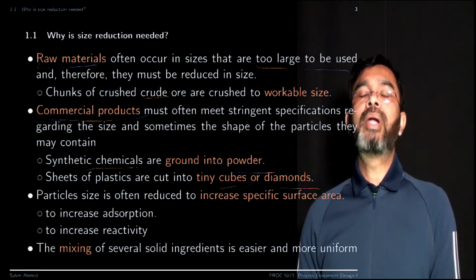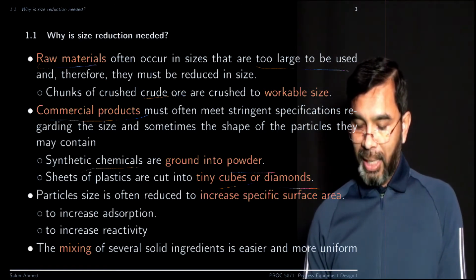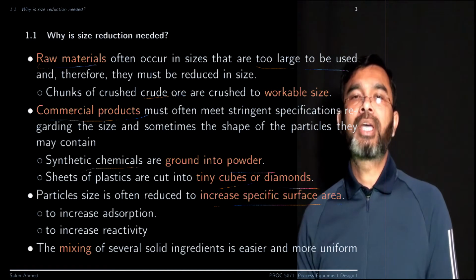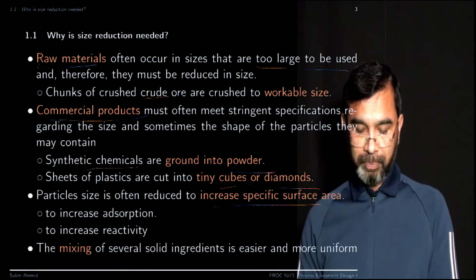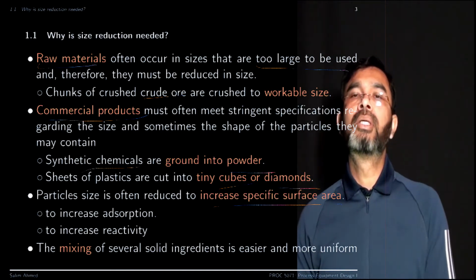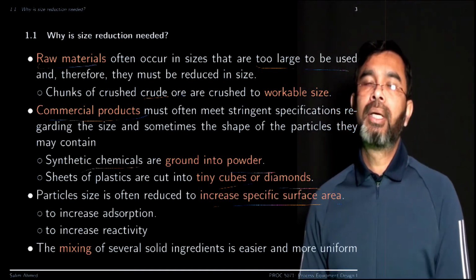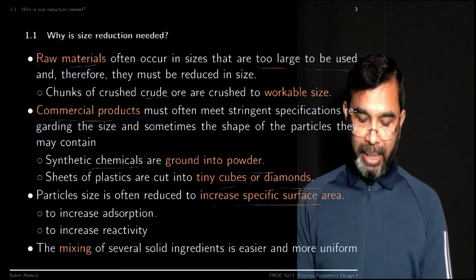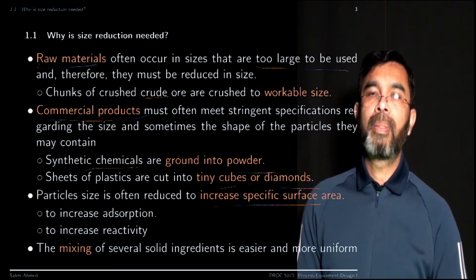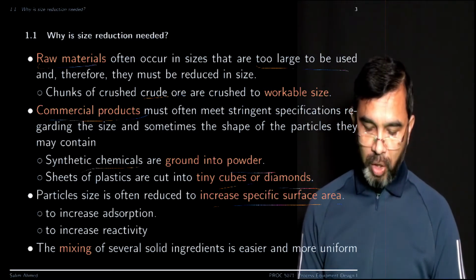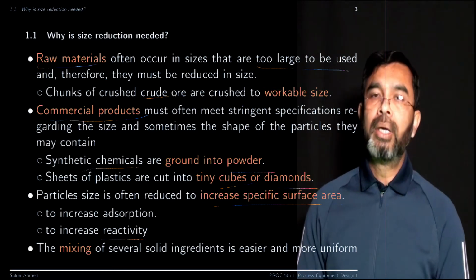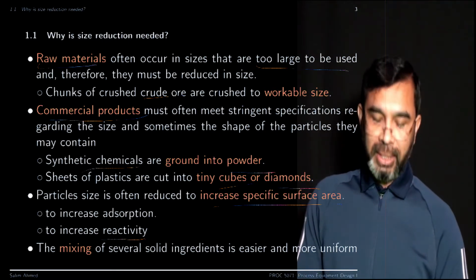In some cases, we need to reduce the particle size to increase the specific surface area. These are important. For example, when you have a catalyst and the catalytic activity depends on the surface area, you may need to increase the surface area to increase its activity.